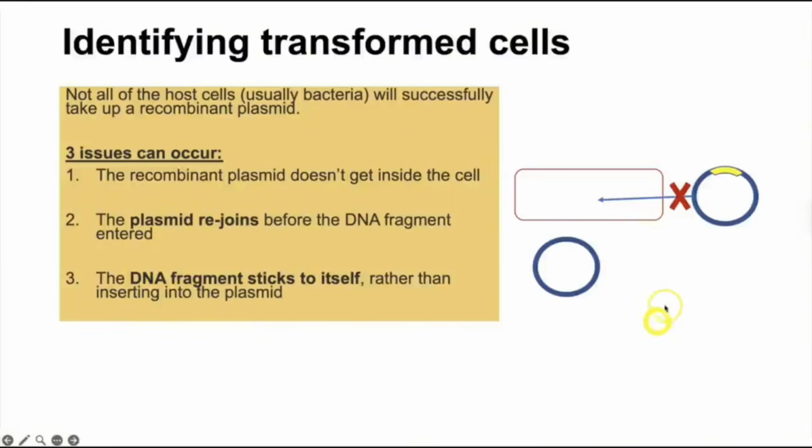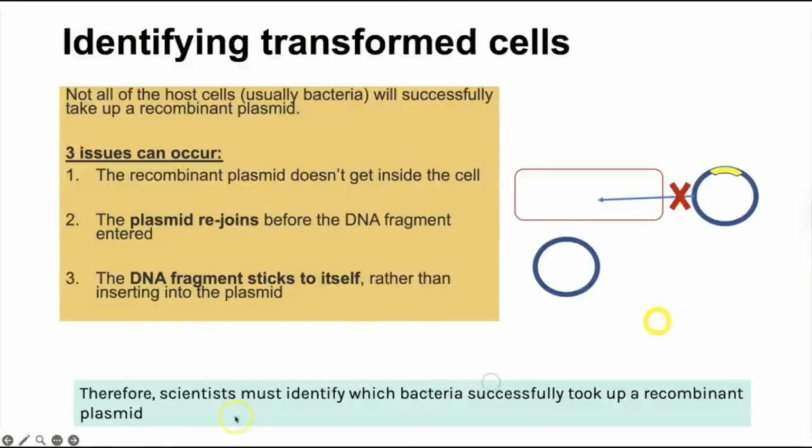And sometimes that DNA fragment that we created actually connects back around to itself and makes its own little loop of DNA. And if that went in, then again, it wouldn't work. So we have to identify which bacteria have successfully taken up the recombinant plasmid.